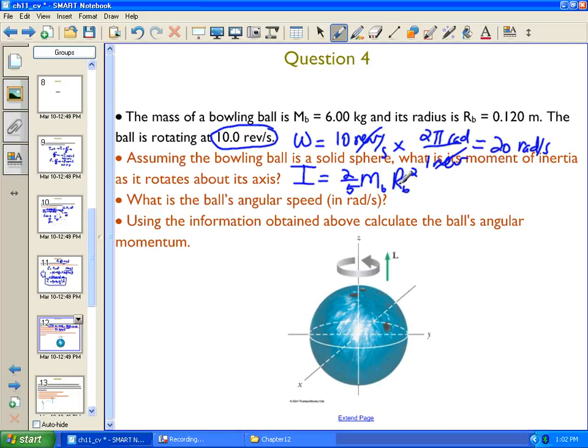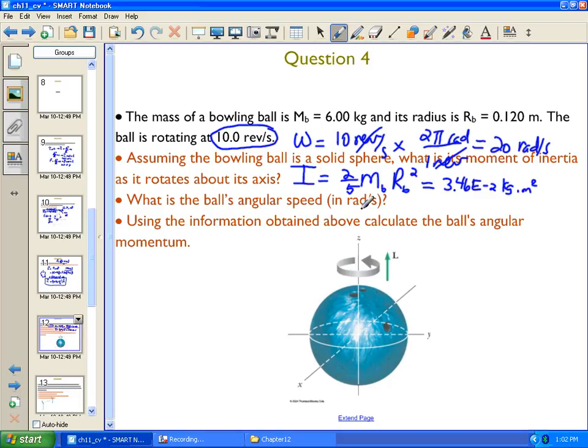When we substitute the values, we get the moment of inertia is 3.46 times 10 to the minus 2 kilogram meters squared.